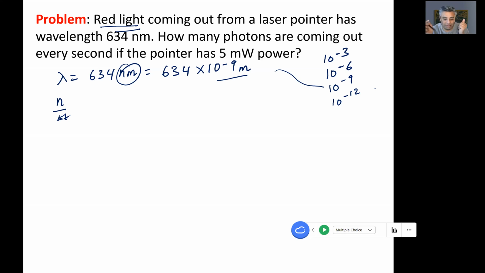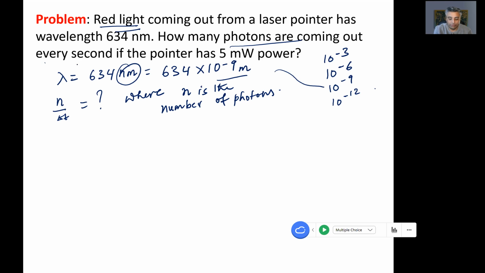So let's say n is the number of photons. It says photons per second, every second, so that means we need to divide that by time.